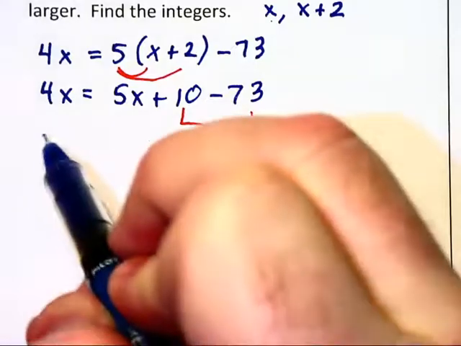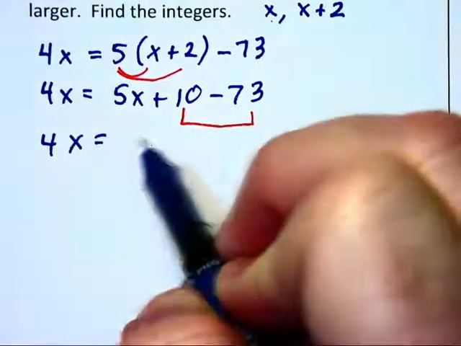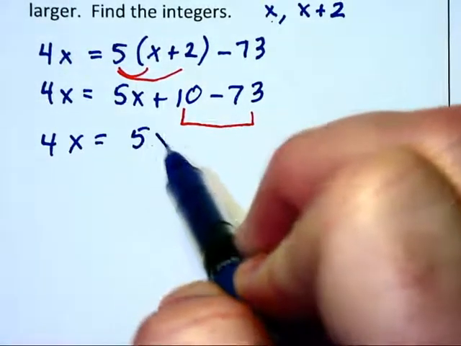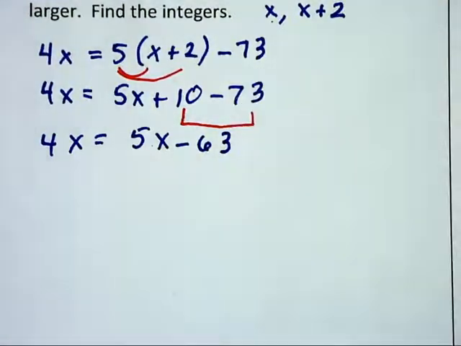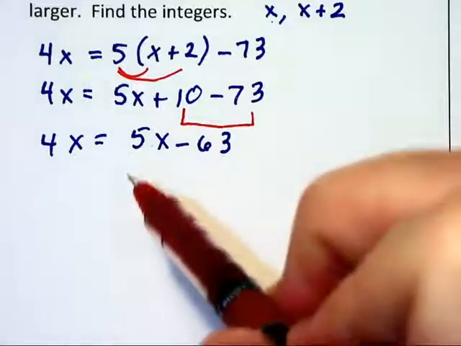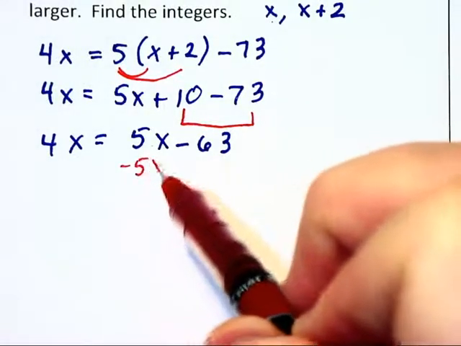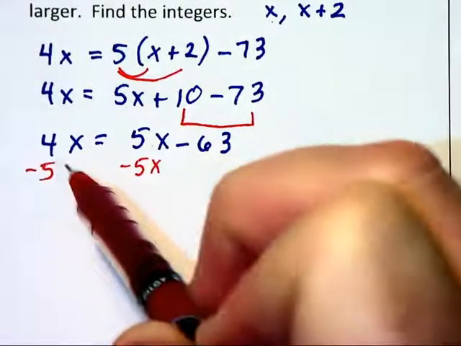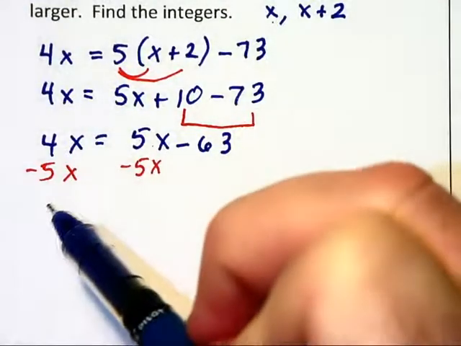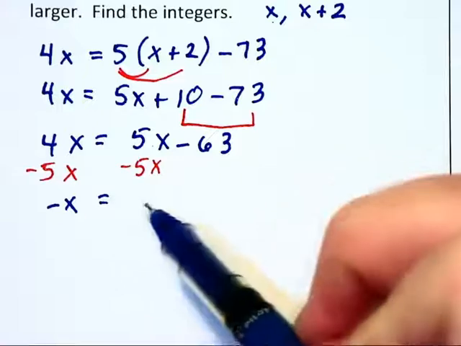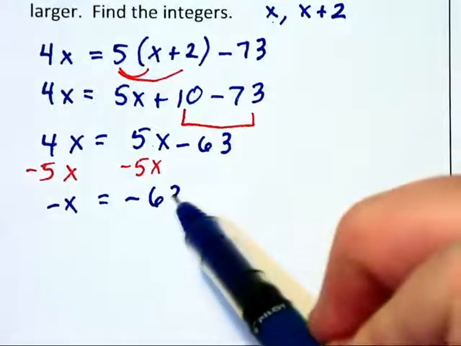Doing that, we have 4x equals 5x minus 63. And we want to get all of the x's together on the same side of the equation. So I'm going to subtract 5x off of each side to get all the x's on the left-hand side, and that leaves us with negative x is now equal to negative 63.